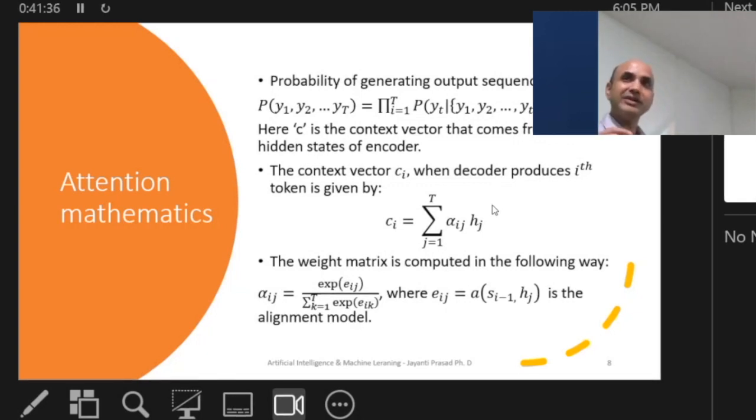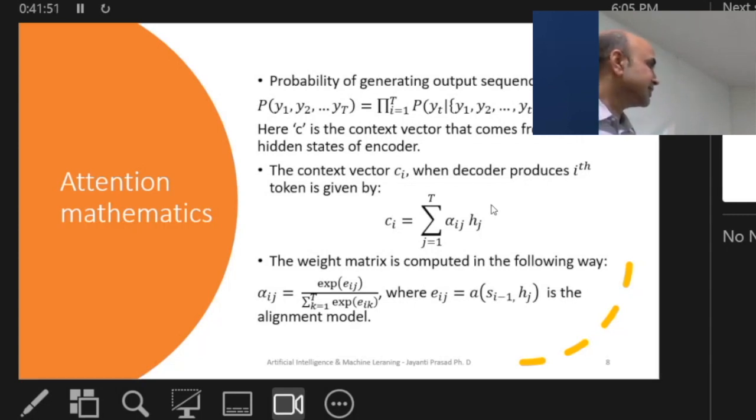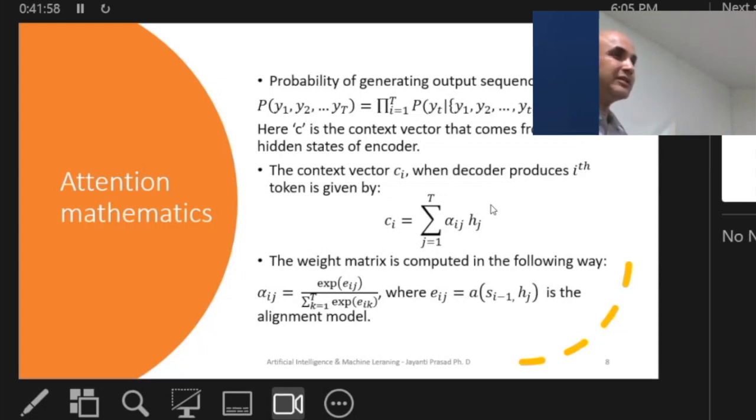What it is trying to do is that, for now, let us consider we are producing a token in the decoder at the jth position. For that we need attention coefficients for all the intermediate states of the encoder.